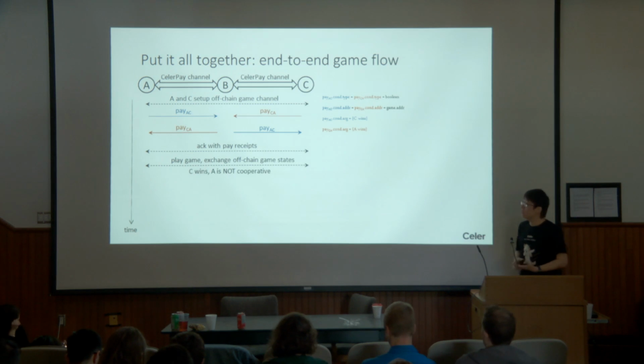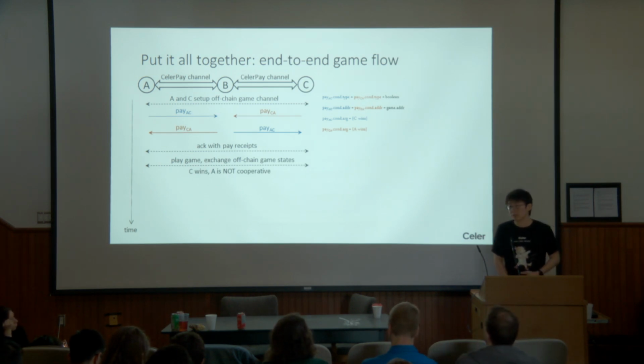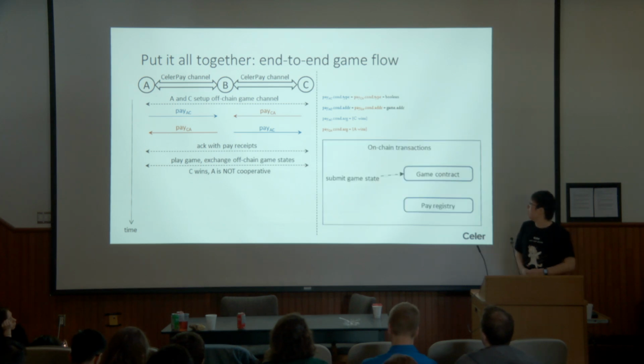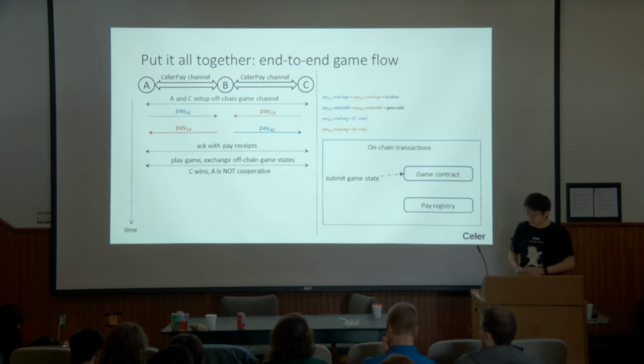But if C wins but A is not cooperative, then of course an on-chain dispute is required. So now C needs to first on-chain settle the game state by submitting the off-chain game state to the game contract. If the contract is a virtual contract, it needs to first deploy the contract, and then resolve the payment, to finalize the payment in the pay registry.